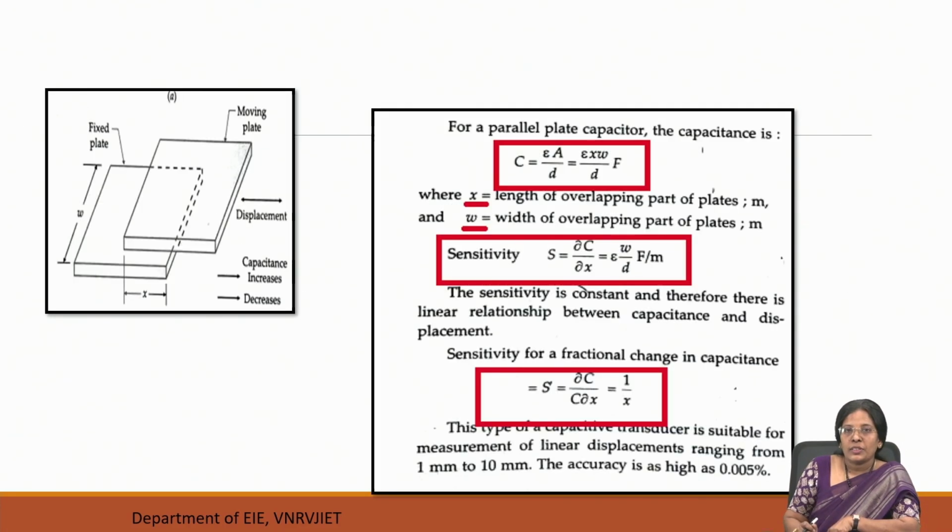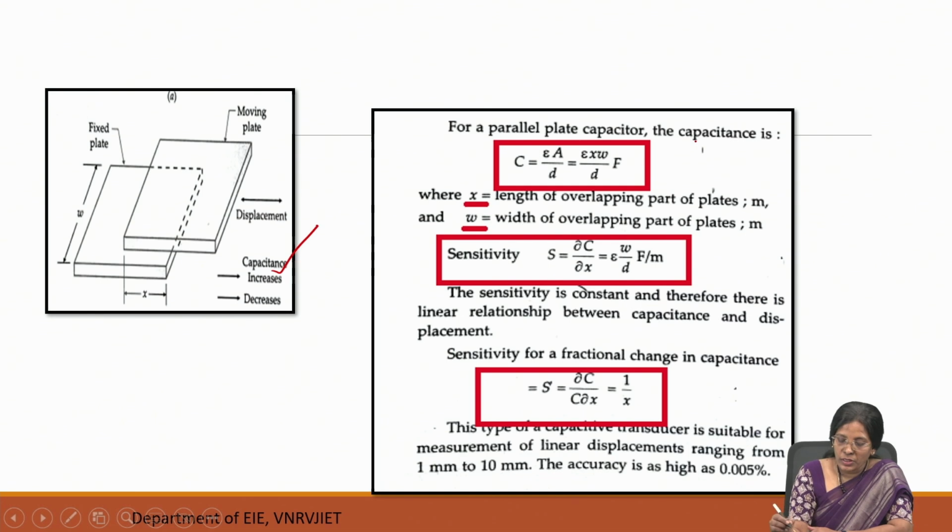Now let's see the second example, the parallel plate capacitor. In the parallel plate capacitor, we have two plates: one is a fixed plate and the other is a movable plate, where X is the overlapping area. When the movable plate moves in this direction, the capacitance increases. When the movable plate moves in the other direction, it decreases.